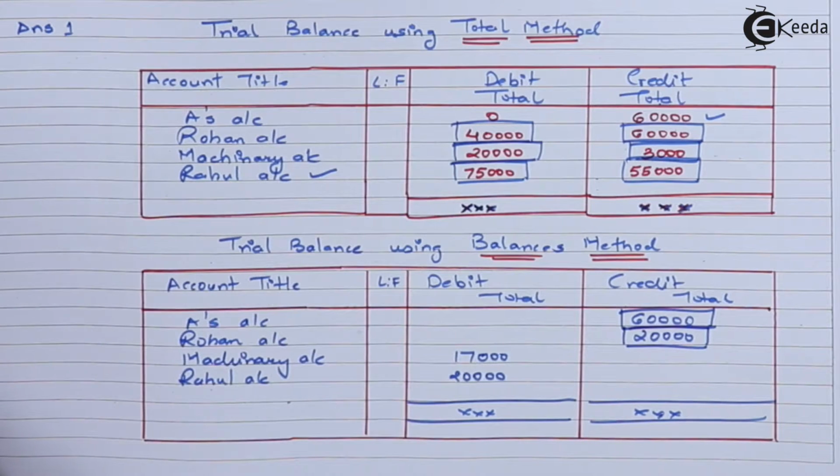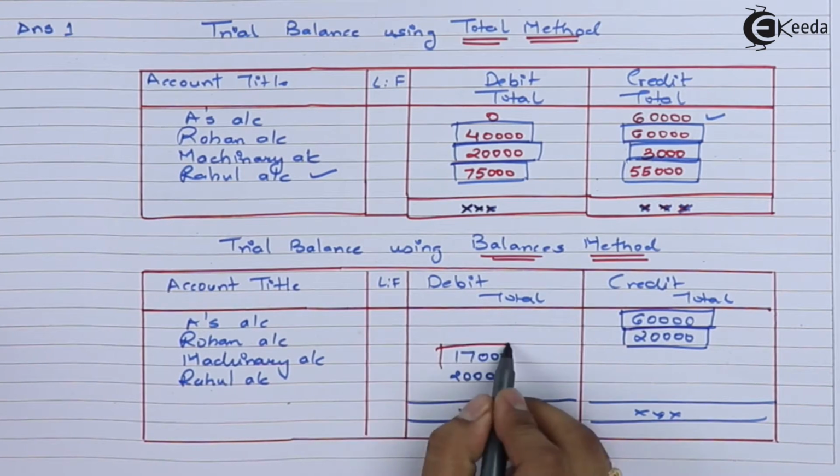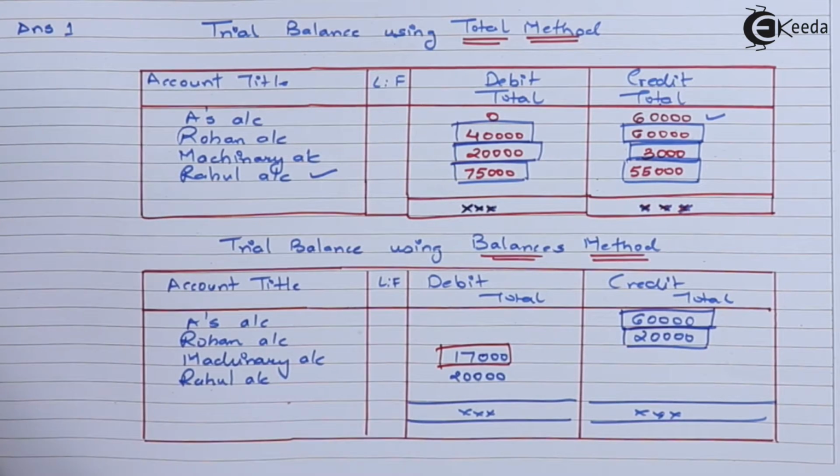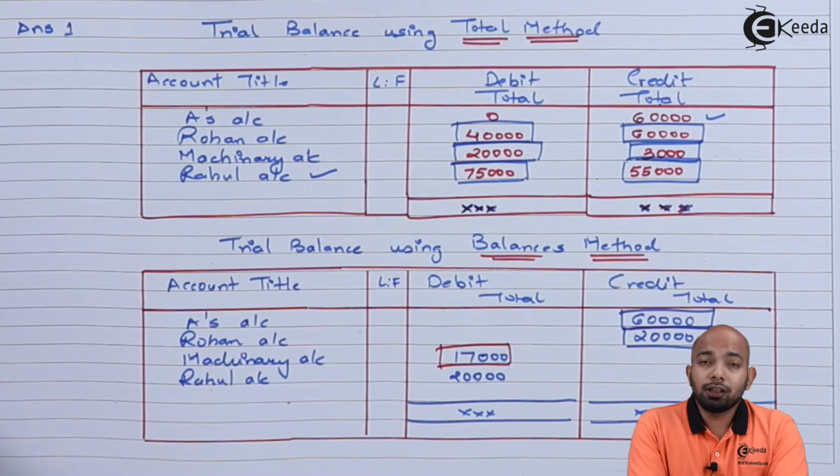The next account is the machinery account, which has a debit balance of 17,000. Hence you can see 17,000 mentioned on the debit side of the trial balance. Similarly, we have Rahul's account, which has a debit balance of 20,000, and as mentioned in the question, the same thing has been mentioned here.